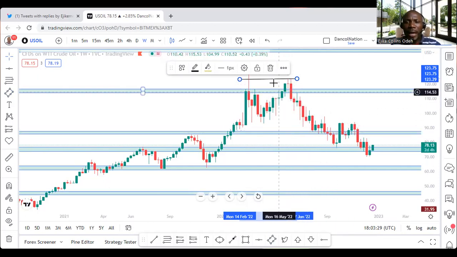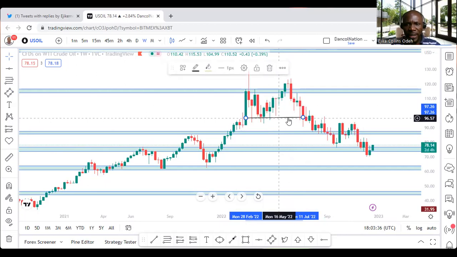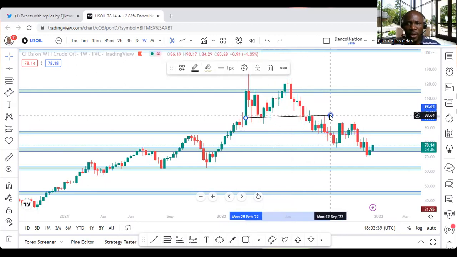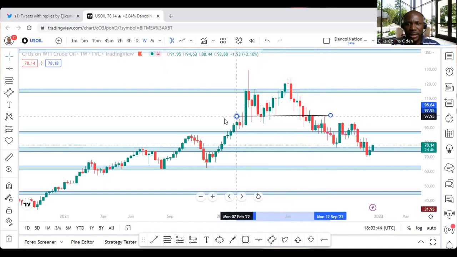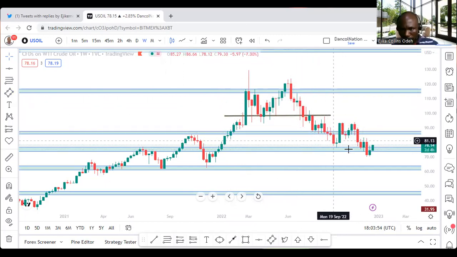As a smart money trader, immediately we got here, we discovered that the neckline had been broken, which is another confirmation of the fact that this is going to be massively bearish.